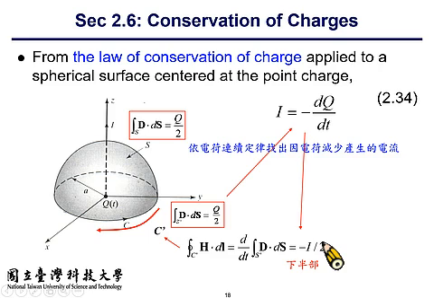Due to the symmetry of the geometry, half of the displacement current comes in from the top hemisphere, and the other half comes in from the bottom hemisphere. And because their direction is flowing in, you have a negative sign over here. So you have minus I over 2.